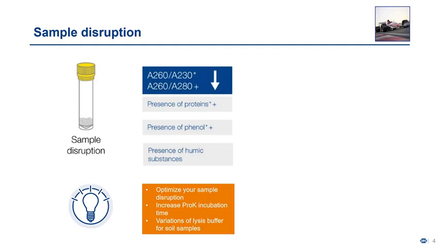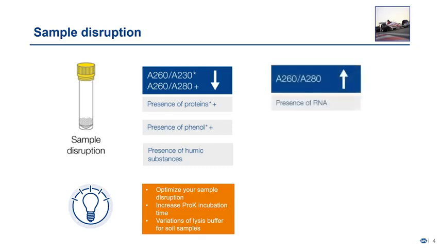You can also increase the incubation time with proteinase K. For soil samples, check and see if there are variations of the lysis buffer available. However, if you still have excess RNA present in this step, you may end up with a high A260/280 ratio. As I mentioned previously, make sure to check your sample quality and sample storage condition.